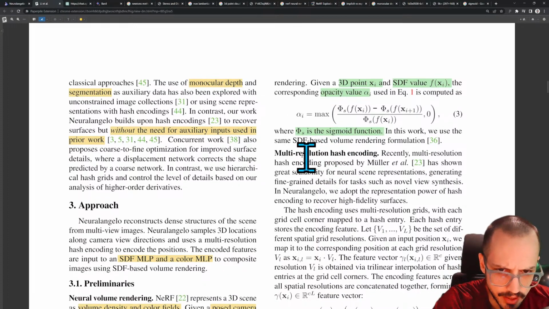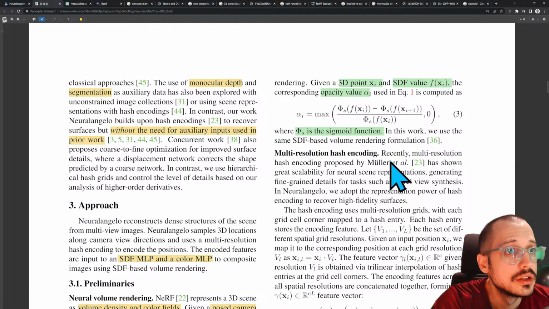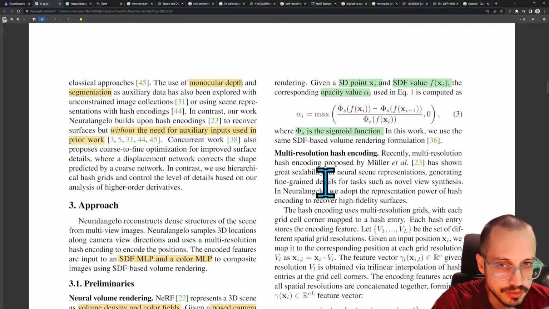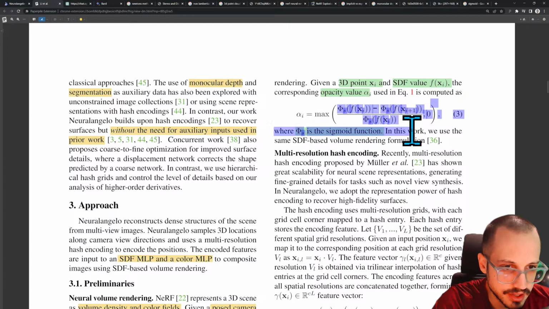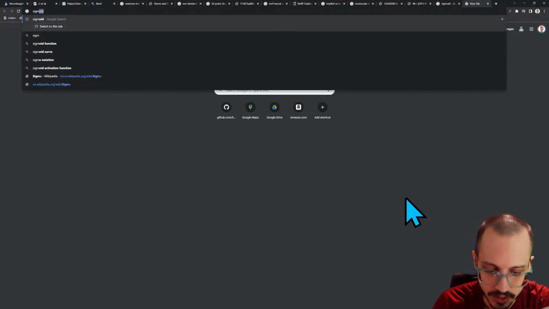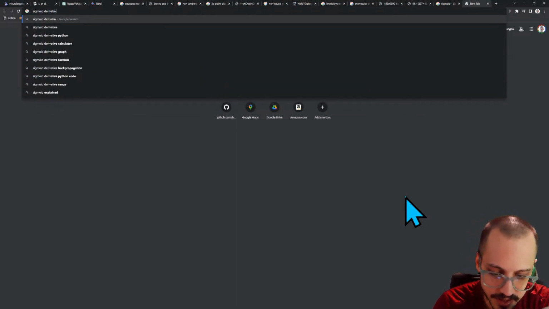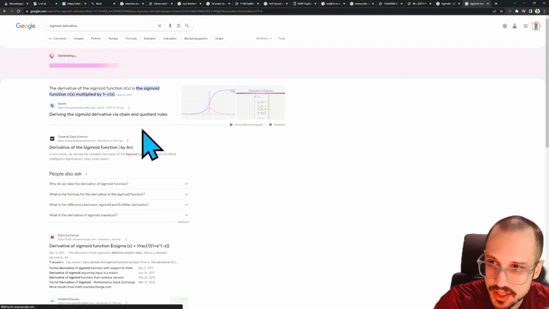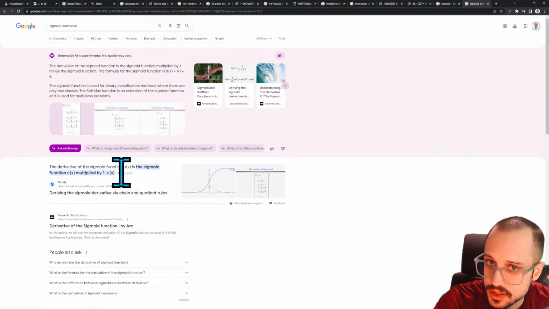Okay. Multi-resolution hash encoding. Isn't that a kind of derivative formula? So you're saying this is the derivative of something? Yeah, you're saying this exactly right here? Maybe, I don't know. Also, sometimes people use sigmoids and exponentials because they also want the sigmoid function multiplied by 1 minus that.